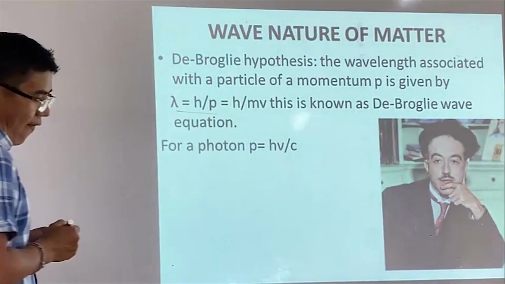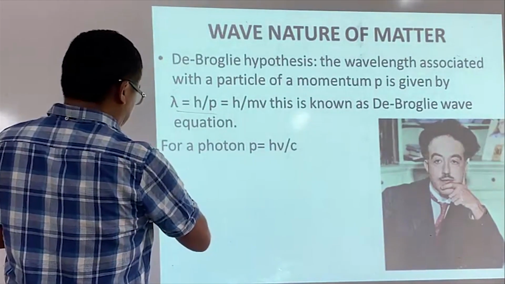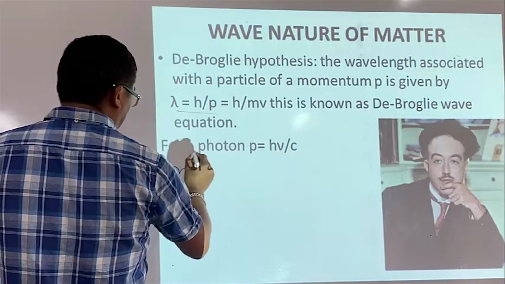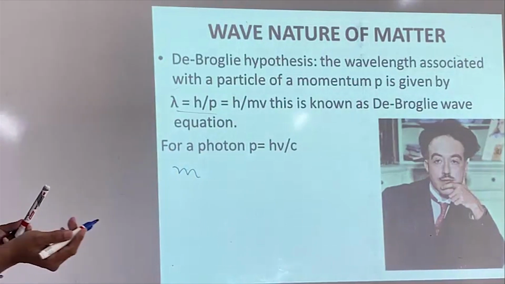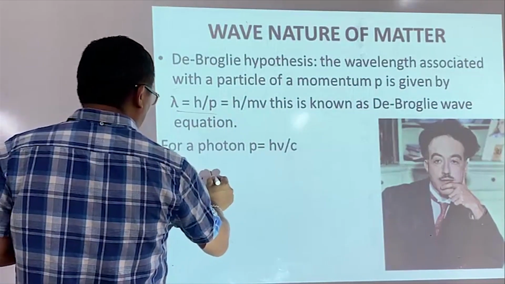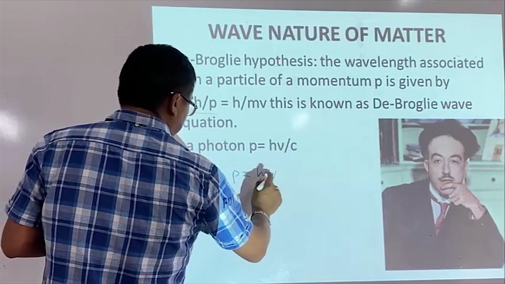So this is it. He says that I have a particle of mass m, let's say an elementary particle, a very small particle of mass m, moving with velocity v, and it has a momentum p.